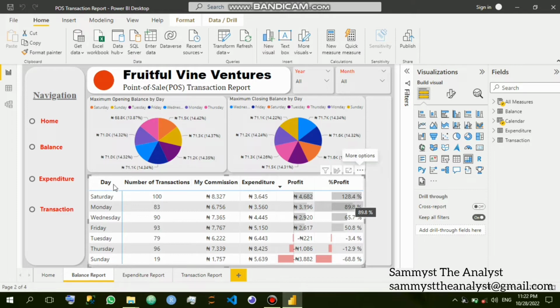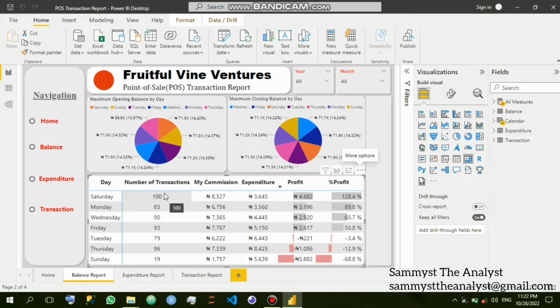Now when you look at this particular column here, number of transactions, if you sum up all these transactions, it will give you 560 as the total number of transactions that were made. And when you look at it, you see that Saturday has the highest number of transactions.